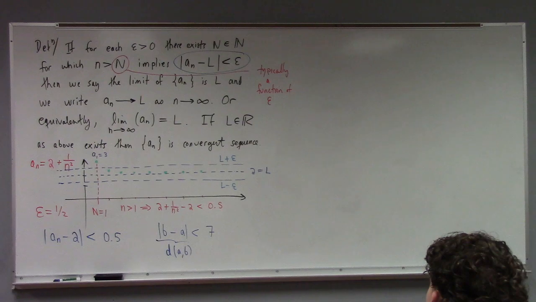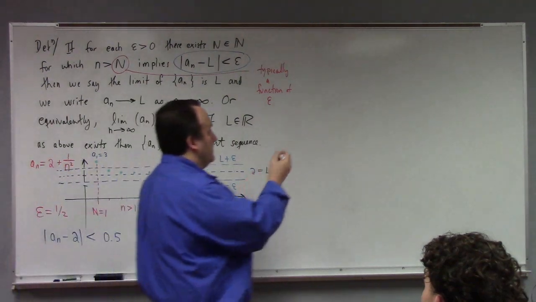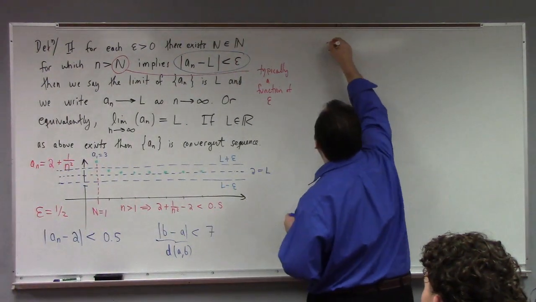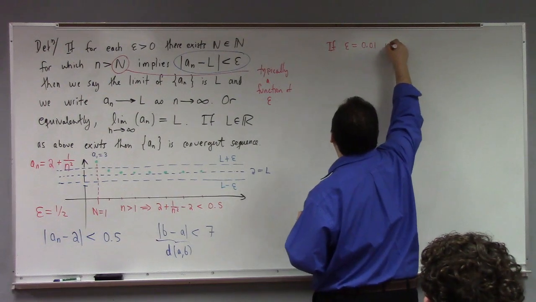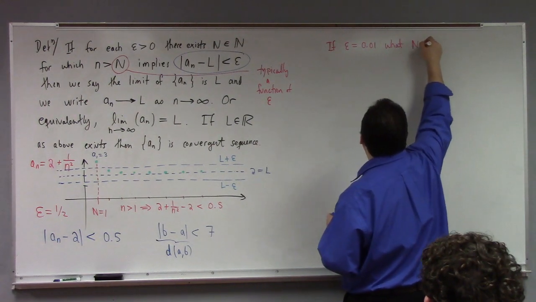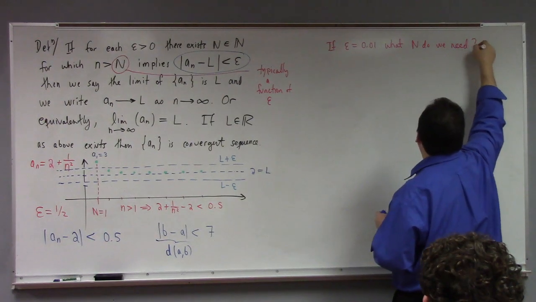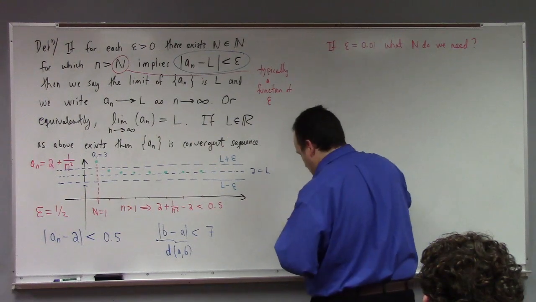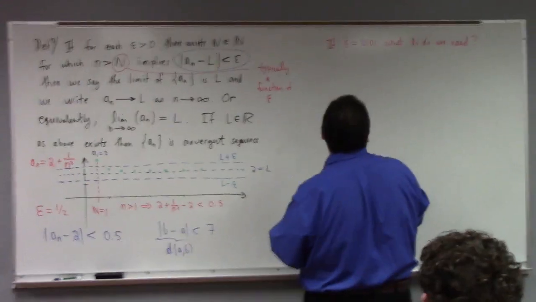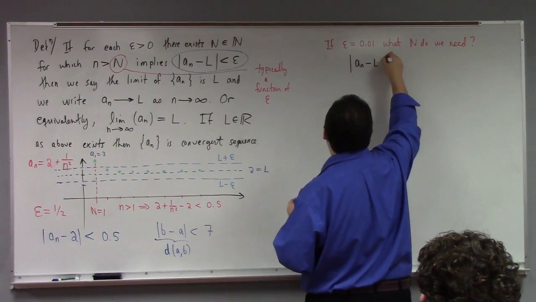Now what if I make epsilon equal to 0.01 for my example? In other words, here's my a sub n minus L, right?